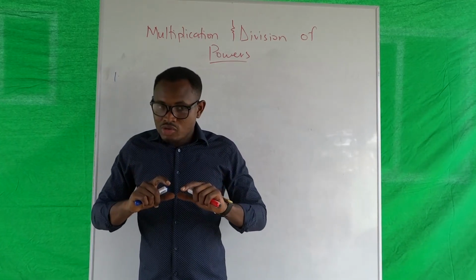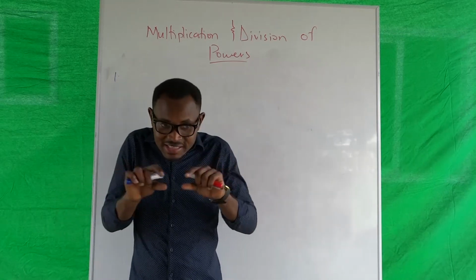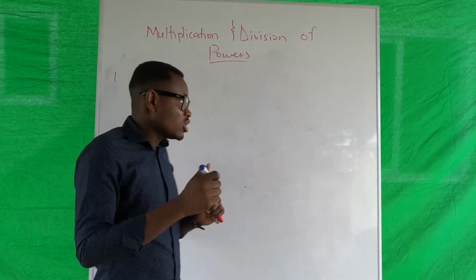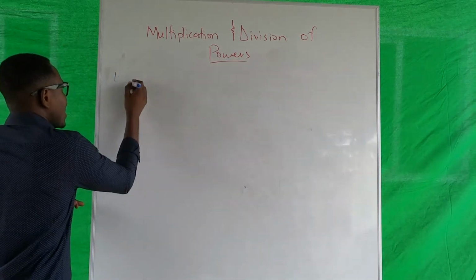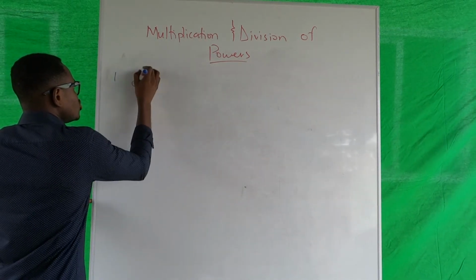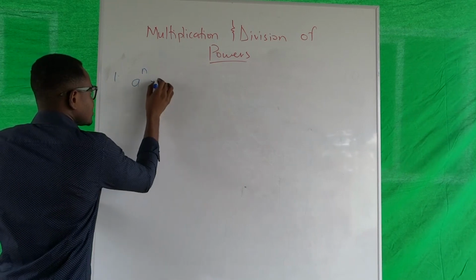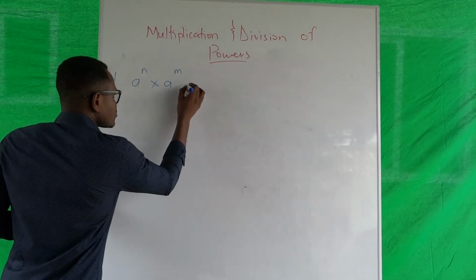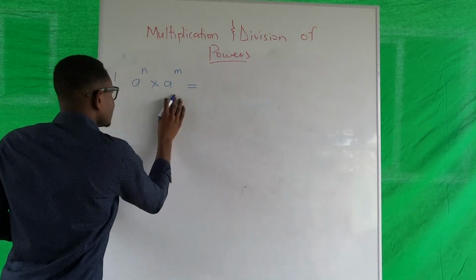So if you are doing multiplication and the bases are the same, you add the exponents. For example, assume we have a to the power n times a to the power m. We are doing multiplication, isn't it?